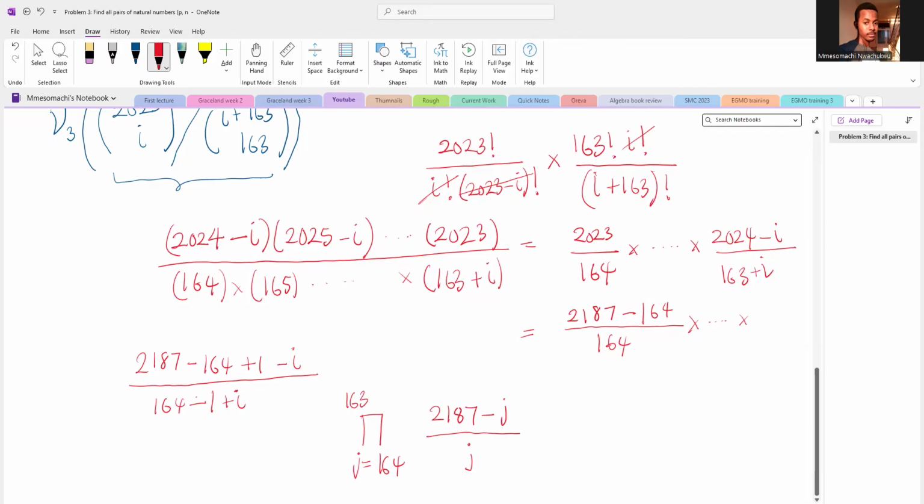Okay, so J is going to go from 164 to 163 plus I.